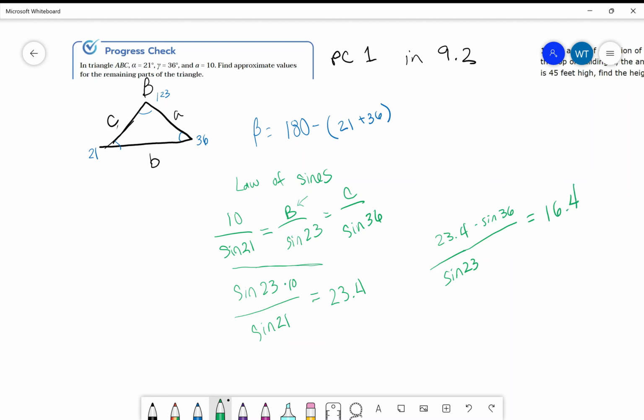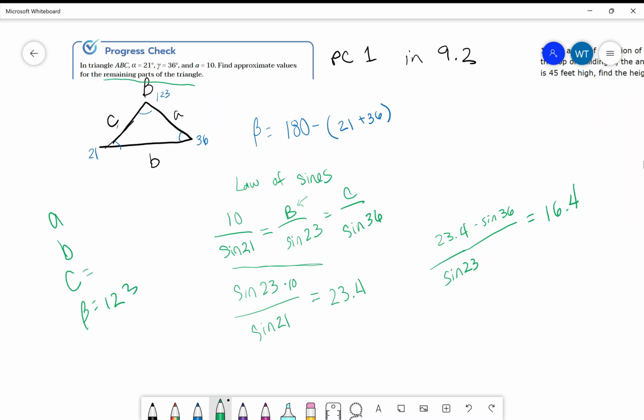So then we have A, B, and C, and beta, not gamma. Because we were supposed to find the remaining parts of the triangle.